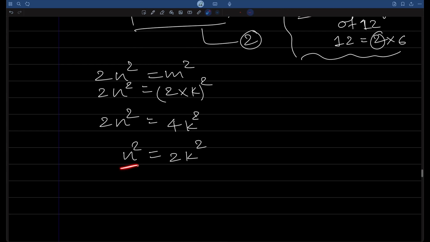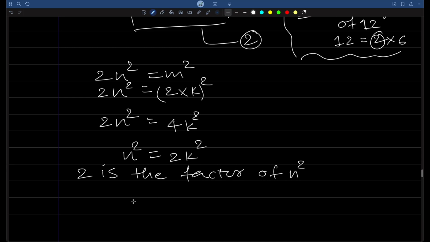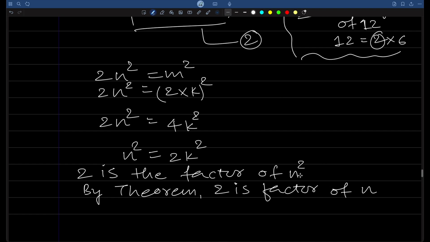Here n and k have no common factors, and 2 is a factor of n square. 2 is a factor of n square, and by theorem we can write 2 is a factor of n.